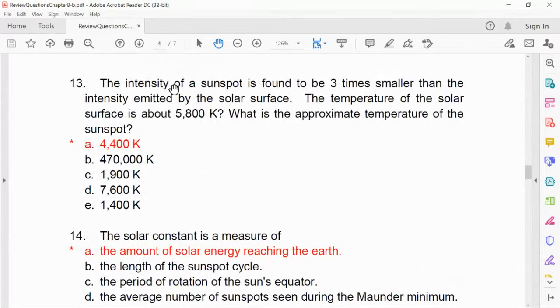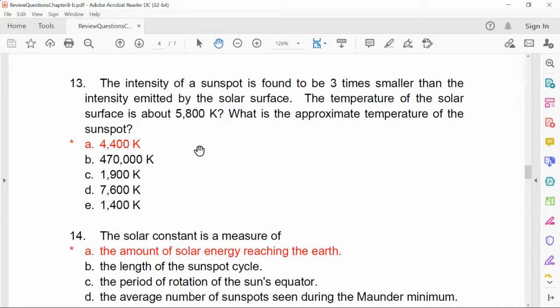Thirteen here, the intensity of a sunspot is found to be 3 times smaller than the intensity emitted by the solar surface. The temperature of the solar surface is about 5,800 Kelvin. What is the approximate temperature of the sunspot? Well, the closest one here is 4,400 Kelvin. When we look at the intensity, we relate that to temperature.